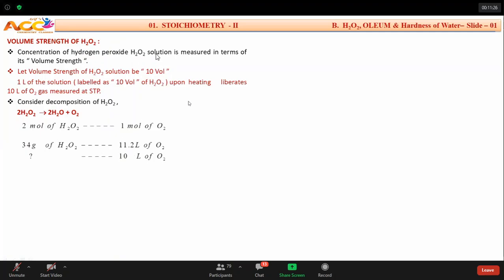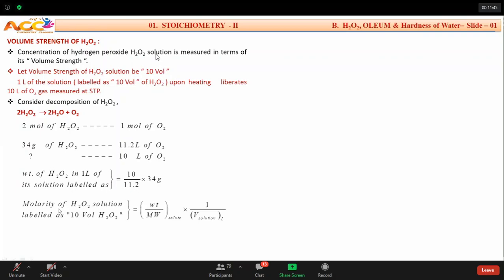I am having only 10 liters of oxygen. How much is required? The weight of hydrogen peroxide in 1 liter of its solution labeled as 10 volumes is 10 into 34 by 11.2. If you simplify this, I want to get molarity.